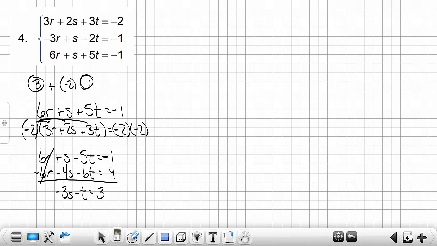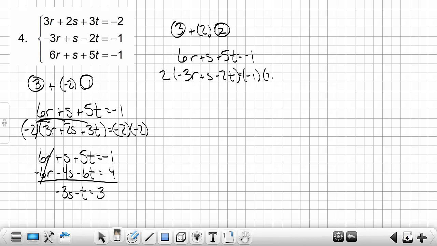All right, so I canceled r using equations 3 and 1. So now I'll use equations 3 and 2. So that's going to be equation 3 plus 2 times equation 2. So equation 3, 6r plus s plus 5t is negative 1. 2 times equation 2, negative 3r plus s minus 2t equals negative 1 times 2 times both sides.